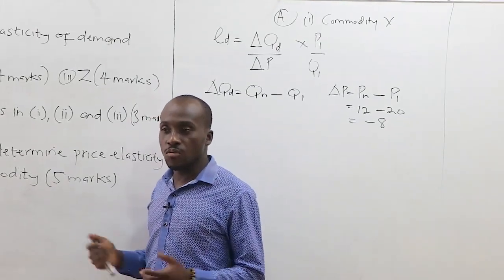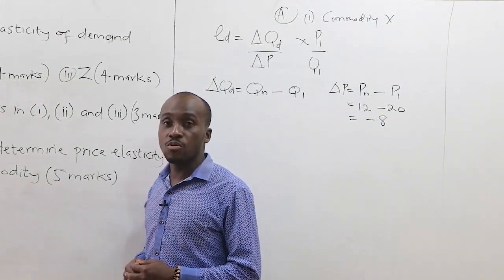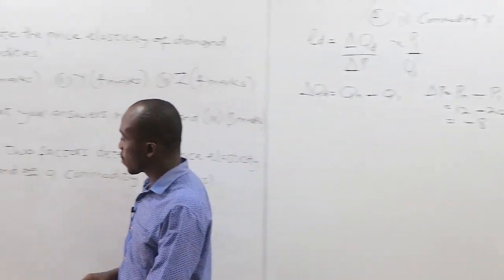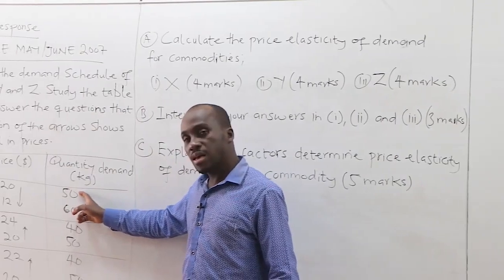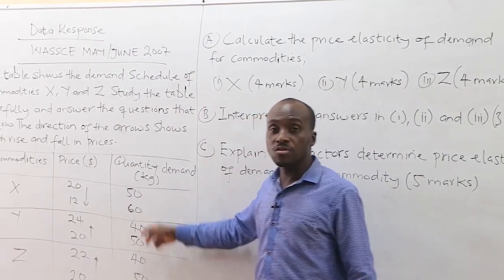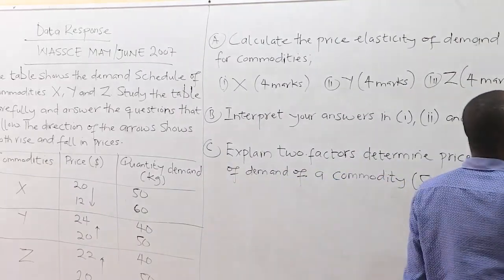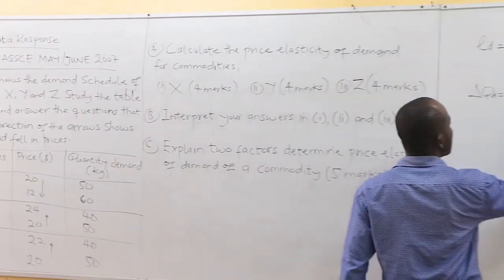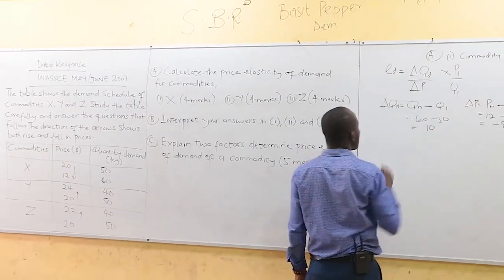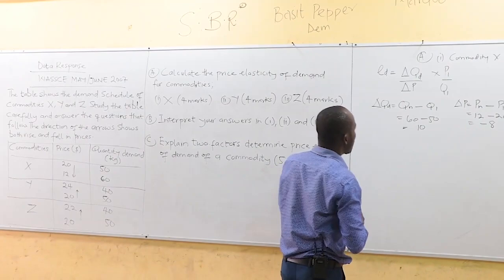What about the quantity? The quantity was 50 and now it's 60. So the new quantity is 60, the old quantity is what? 50. The new is 60, the old is 50, and that gives 10 units, right?